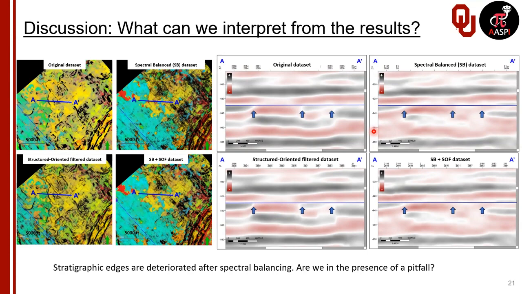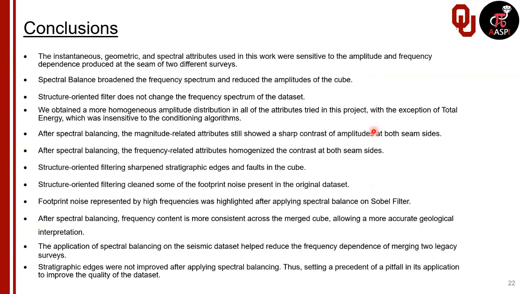I guess yes. I'm not going to read all this, but some of the conclusions are that all the attributes that we tested are sensitive to the seam, to the difference in amplitudes, and all of them except total energy show to be sensitive to the application of spectral balance and SOF.